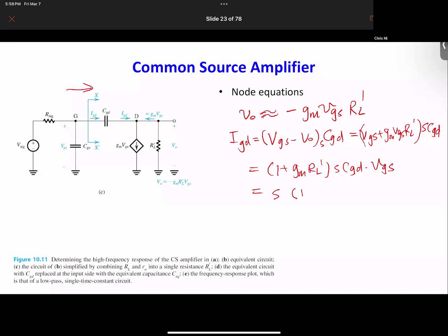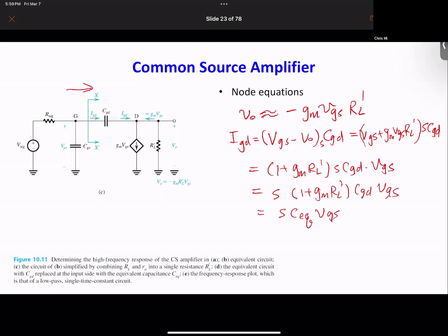So 1 plus GM RL prime times CGD times VGS, and we're going to use SCEQ times VGS, and this CEQ is equal to 1 plus GM RL prime times CGD. So we just use this CEQ to represent the long expression. So we find IGD.